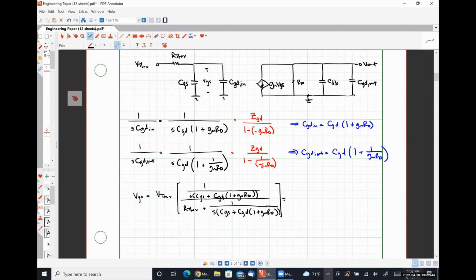Okay. Now we can make this slightly less ugly by multiplying through by a factor of S, CGS, blah, blah, blah in the numerator and denominator.